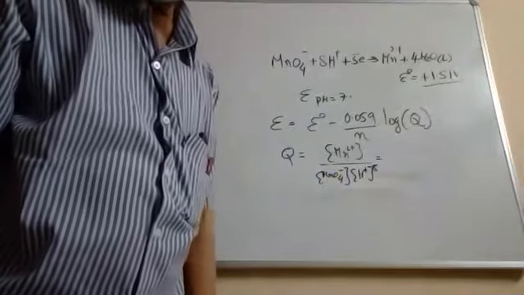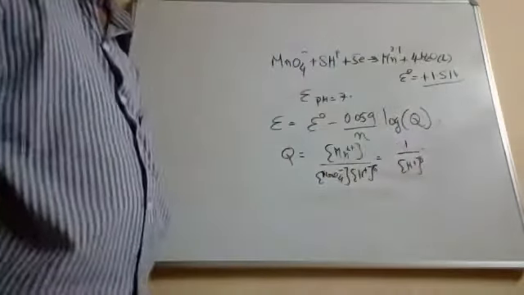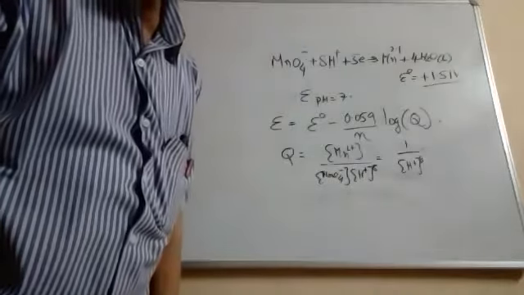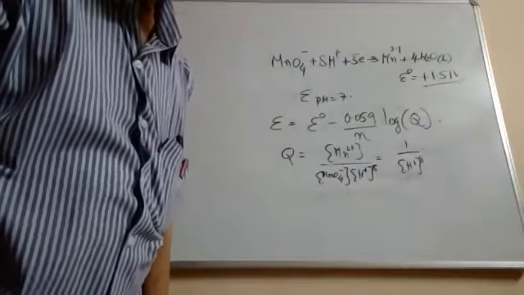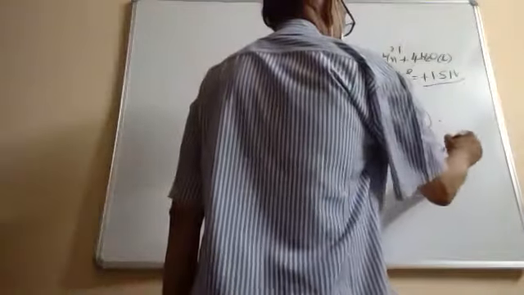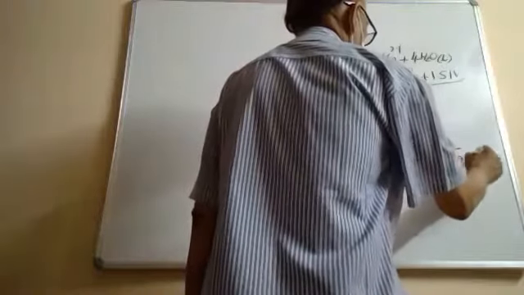Only the proton concentration changes here. So that now comes to 1 molar times H plus to the power of 8. Does that make sense, folks? Now, the concentration of H plus is 10 to the negative 7th molar. So that will be 1 over 10 to the negative 7 molar raised to the power of 8.